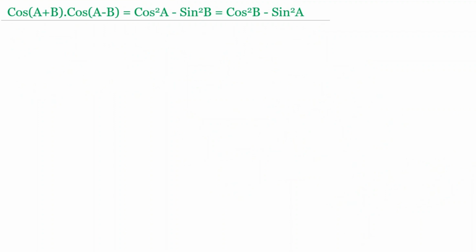In a similar way, we can calculate the formula for cos(A plus B) into cos(A minus B). Write the formulas here. It is (cos A cos B minus sin A sin B) into (cos A cos B plus sin A sin B).